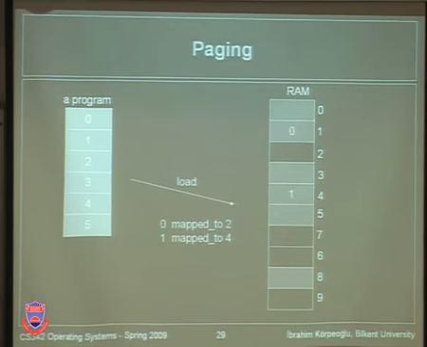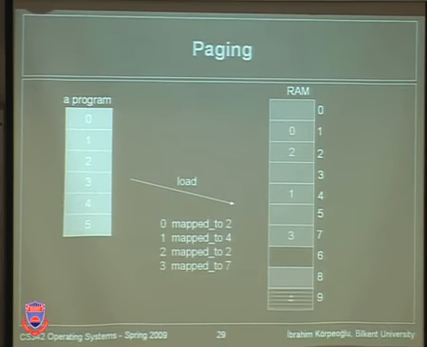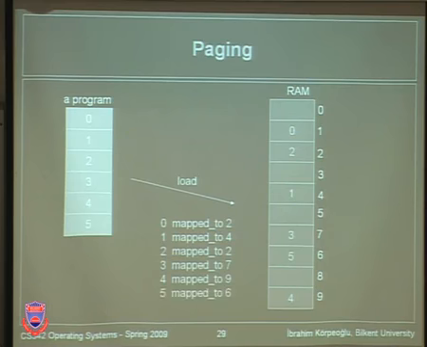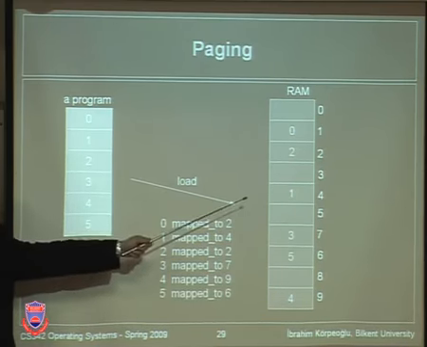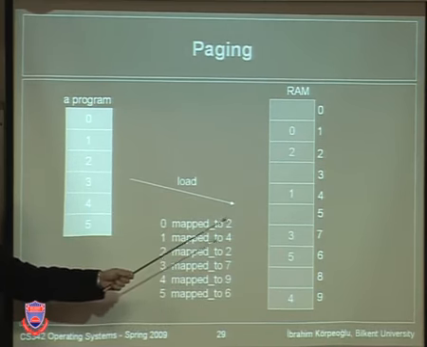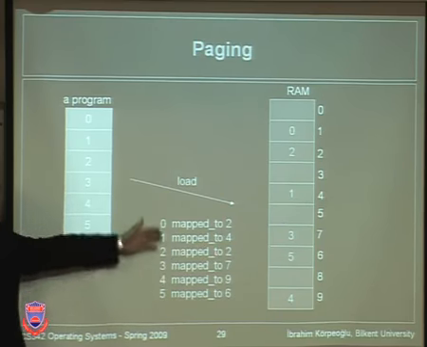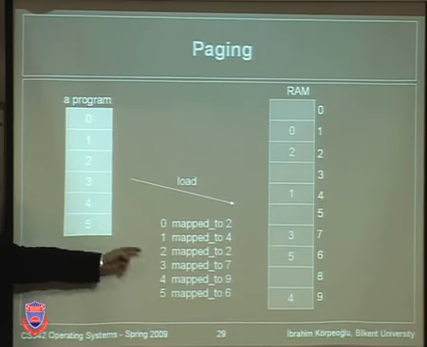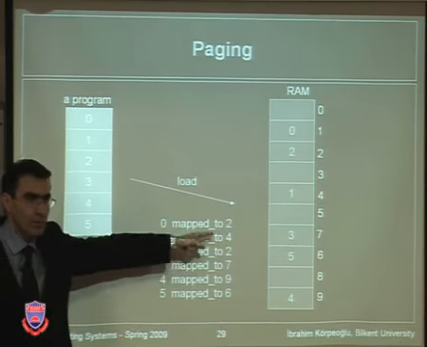Similarly, you can load page 2 into some empty frame, then page 3, page 4, page 5, and so on. So all the pages of the program are loaded somewhere. That means some page frames are allocated to the program, and those page frames do not have to be contiguous anymore. But you have to have the mapping here. Since it is not contiguous, you have to have a mapping saying where each page is loaded.